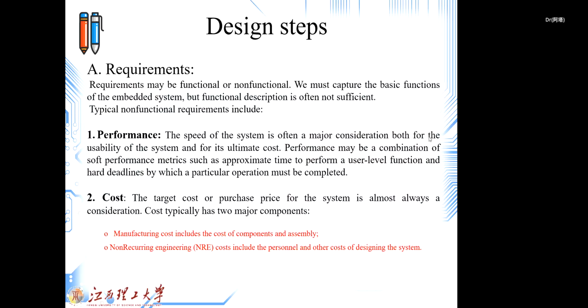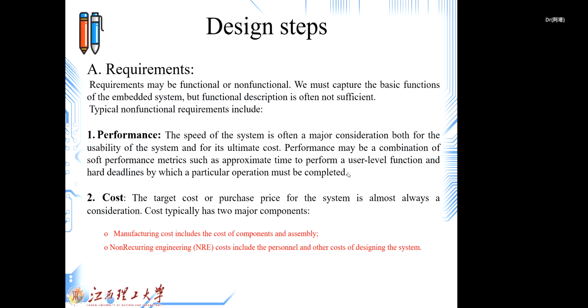Functional description is often not sufficient, and the typical non-functional requirements we need include, first, performance. Performance is the speed of the system, which is often a major consideration, both for usability of the system and for ultimate cost.